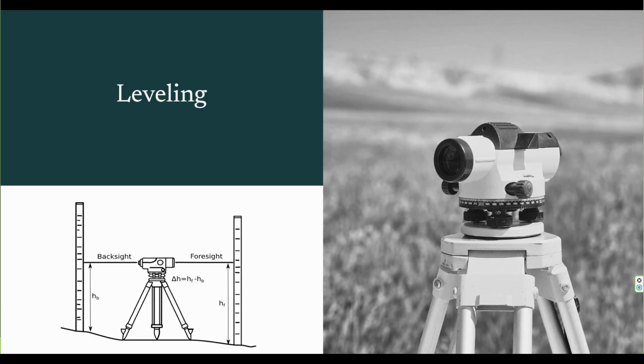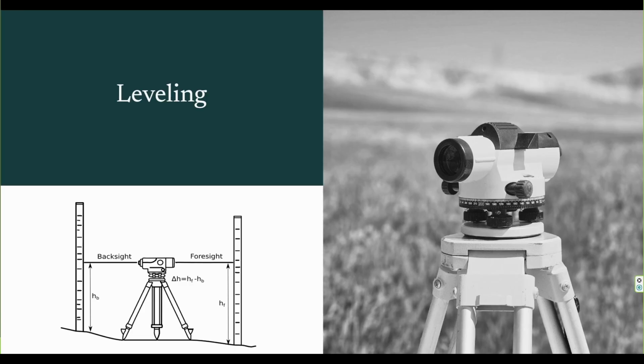So here we have a leveled telescope and we are able to observe backsight and foresight, where two rods, leveling rods, are positioned. Basically those are two rulers, and thanks to the scales which are marked on them, we are able to read the specific height and calculate later delta h, which is the height difference between those points.